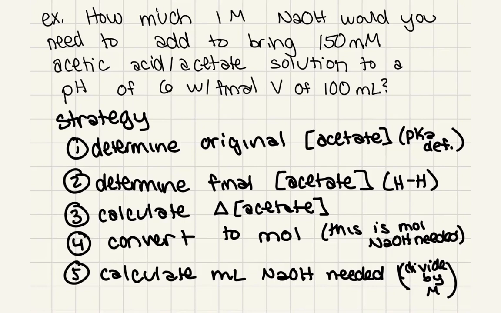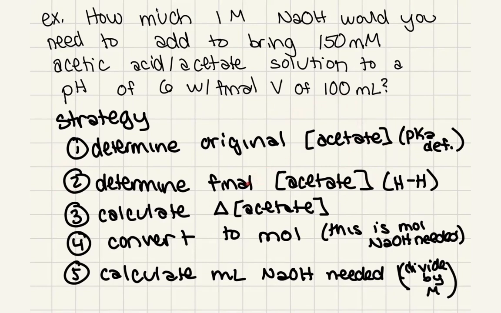But how much? To do this, we're going to take a strategy. We're going to determine the original concentration of our acetate, and this is just by using the definition of the pKa and doing one of those first types of problems that we did earlier in the video. Then we're going to determine the final concentration of acetate. Here we're talking in terms of concentrations because, remember, we're adjusting our volume at the end, so we don't need to worry about a changing volume along the way.